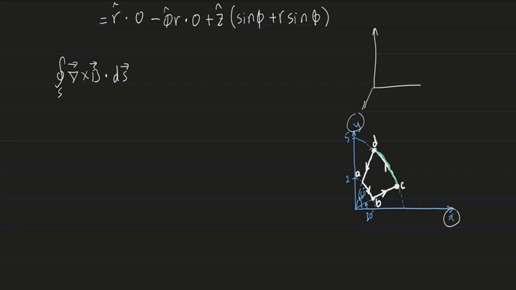If this is my three-dimensional space and my washer, or my slice of a washer, looks more or less something like this, dsz should be normal to this. So this is dsz.